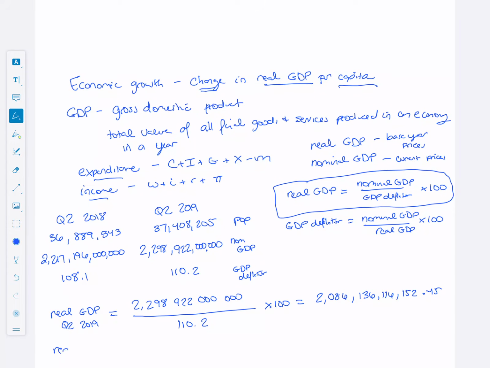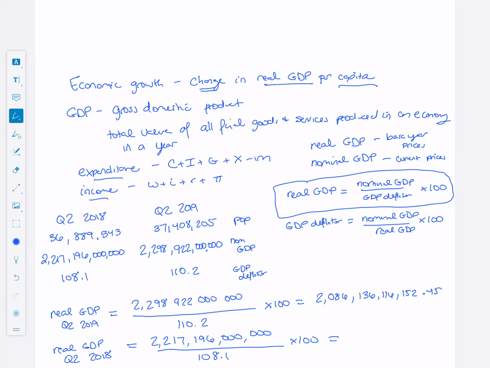So I'm just going to do the same thing, real GDP Q2 2018. I'm going to take the nominal GDP, 2,217,196 and our 6 zeros. I'm going to divide by the GDP deflator and multiply times 100.